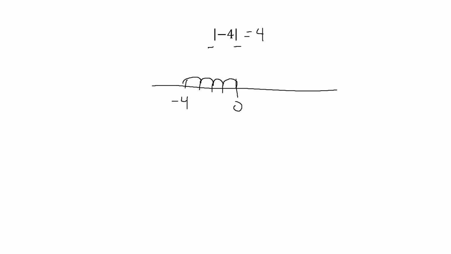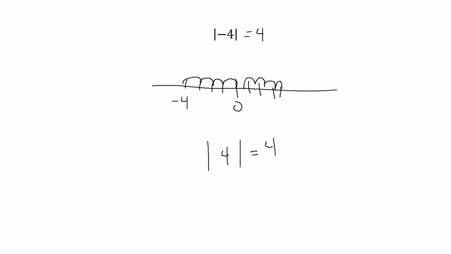Now I need to take a second and show you something, because there's another way to get 4 with an absolute value. The absolute value of -4 is 4. The absolute value of +4, 1, 2, 3, 4, is also 4. So I can get the same answer from two different inputs.